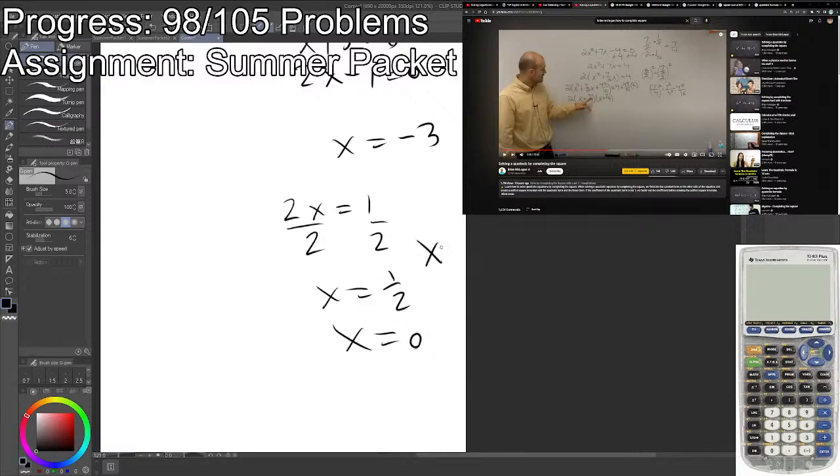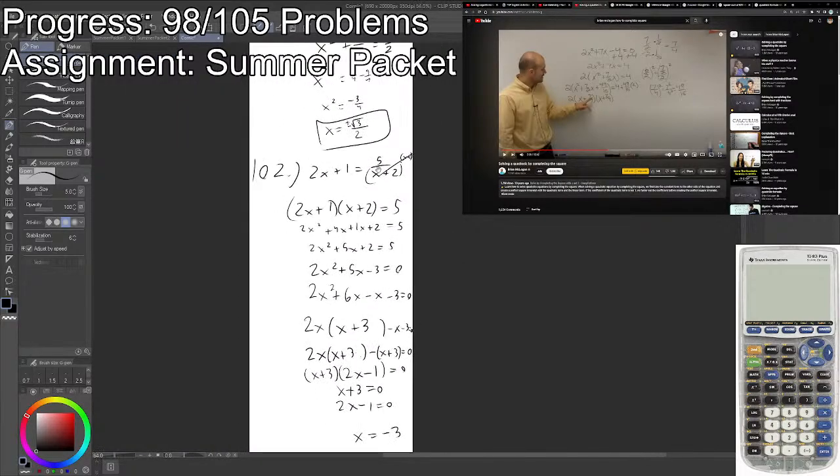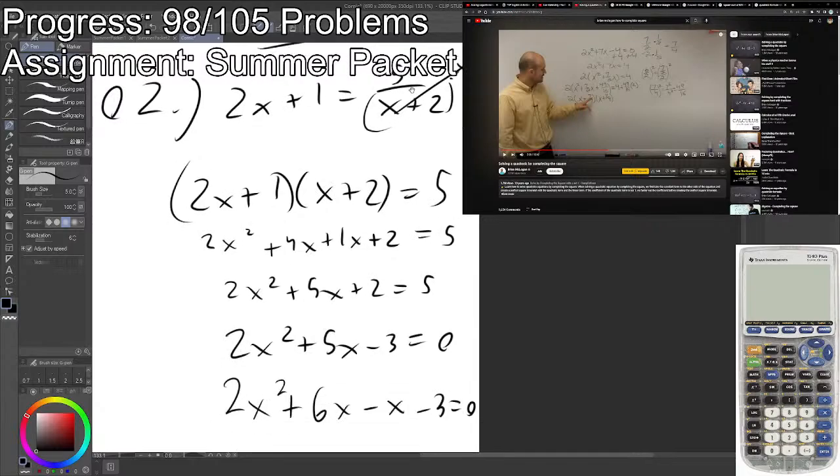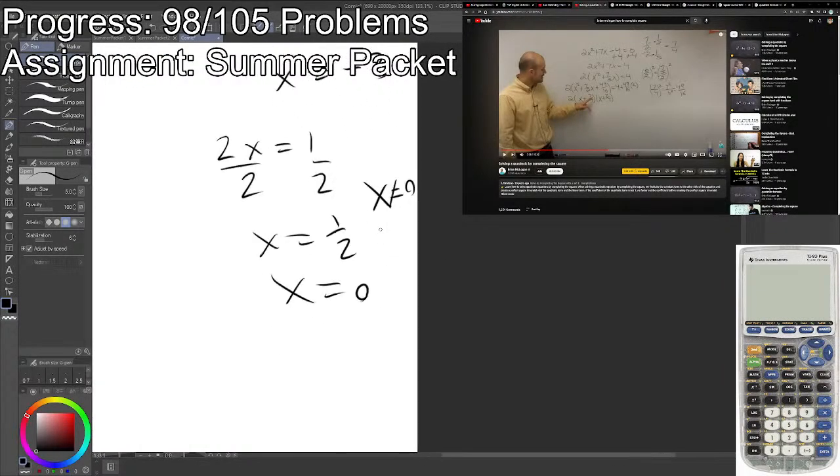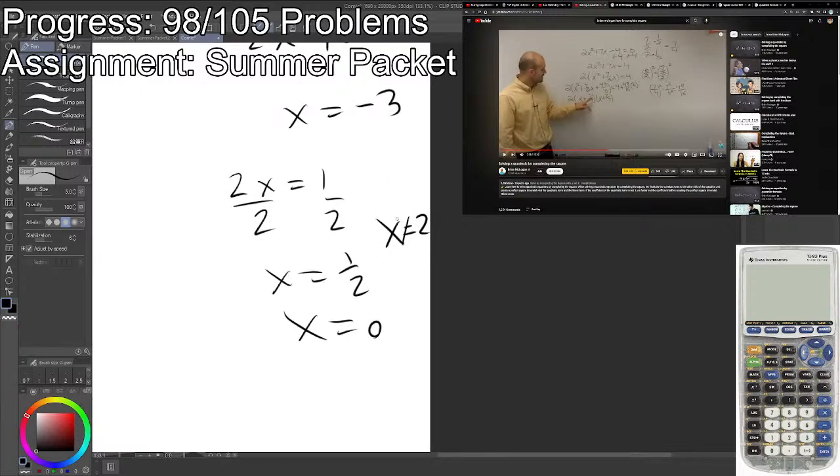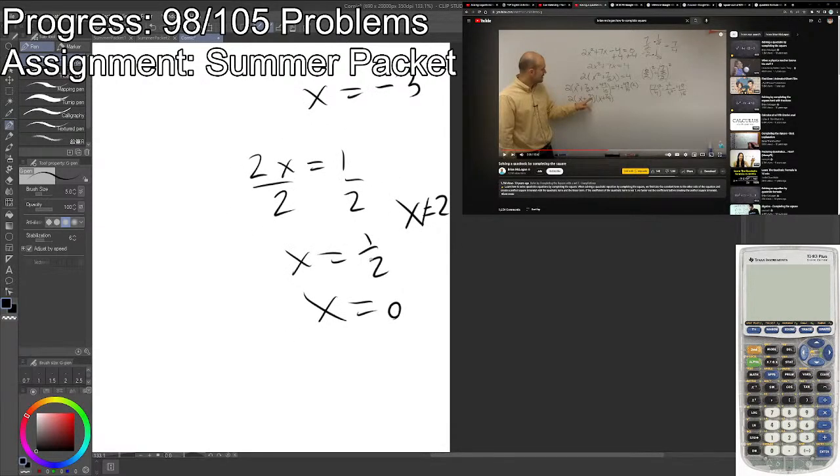Oh, and x cannot be 2, because if you look at the beginning, this would make it undefined. Okay, it's still like, what? -3, it can't be 2, half.